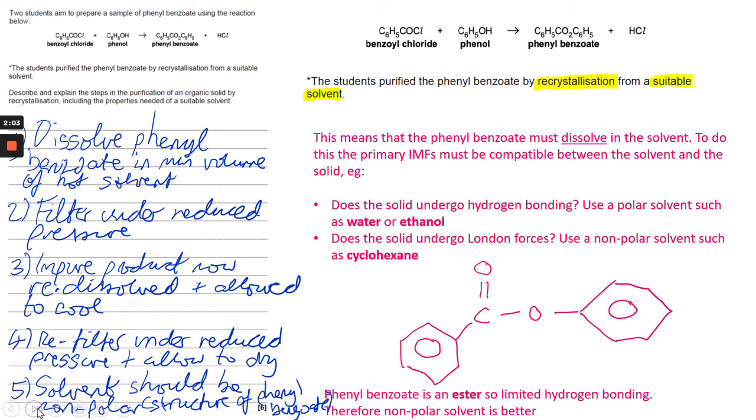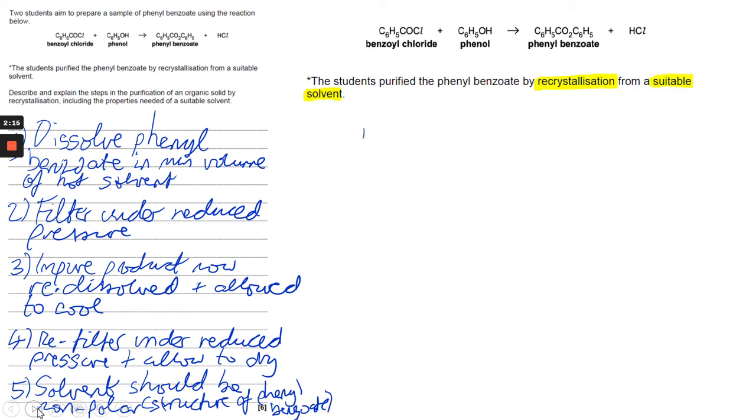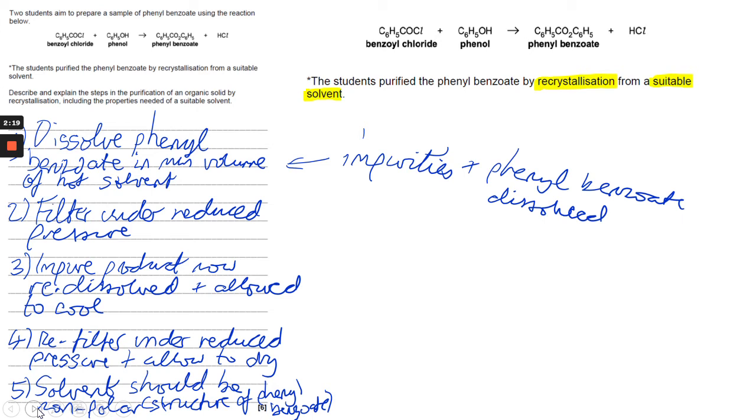It's worth putting in something about why the solvent should be non-polar and relating it to the structure of the phenyl benzoate, because they ask you to do so when it says including the properties needed for a suitable solvent. So let's now think about some of the things you might want to do to explain those steps. You might want to put in the fact that the impurities and the phenyl benzoate are dissolved in step 1, and step 2 is done whilst it's still hot.